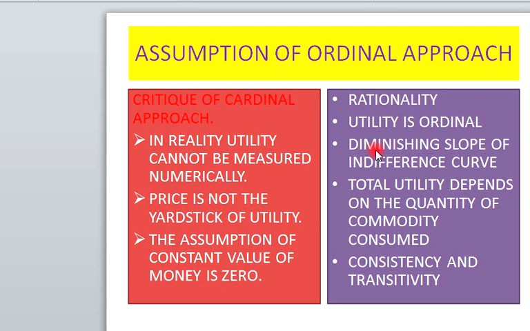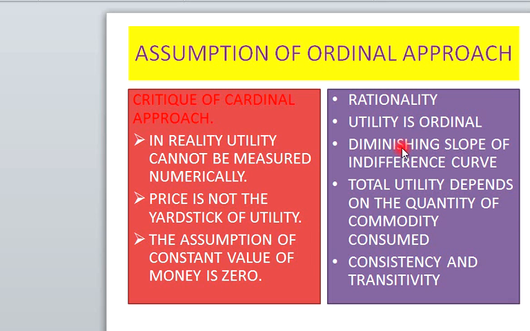Number 3, diminishing slope of the indifference curve, that is, the indifference curve slopes downward. It could be concave and it could also be convex. We are going to discuss more about this in our next video.